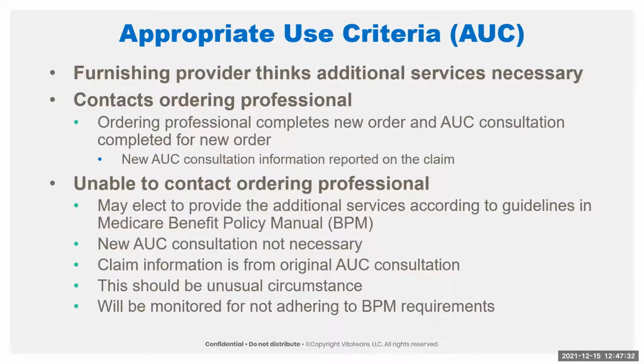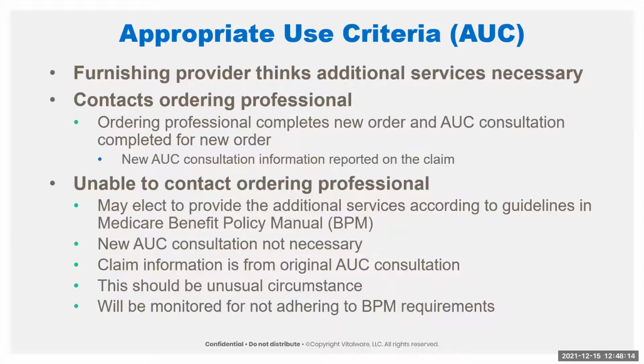So for appropriate use criteria, there is a bit of a change here. Let's say the patient comes in for something, and looking at the x-rays, the furnishing provider thinks that additional services are necessary. The first step is to try to contact the ordering professional. If they're able to get a hold of them, that ordering professional would complete the new order, the appropriate use criteria consultation is completed for the new order, and that information is reported on the claim.